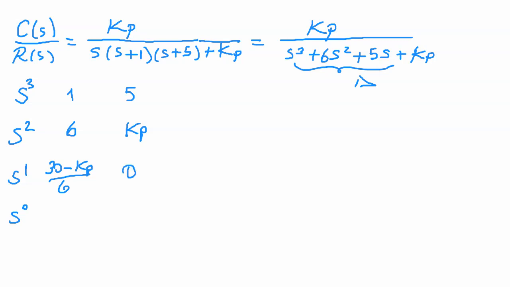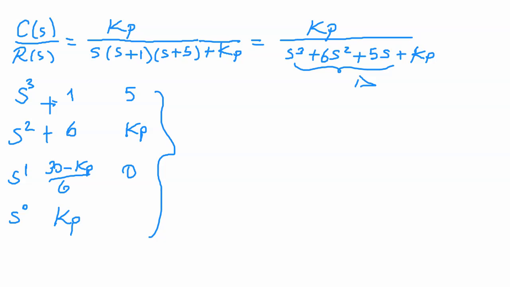This one, follow my cursor please, that one multiplied with Kp minus 0 divided by this one is equal to Kp. So that one is Kp here. We know that this should be positive, this is positive, this is positive, this should be positive, this should be positive.